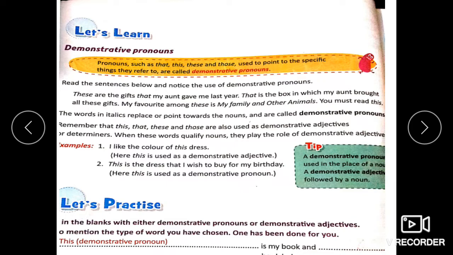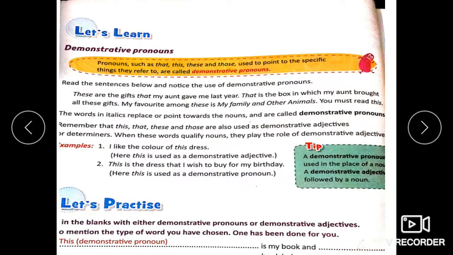In a demonstrative adjective, we find the noun placed right after the word of demonstration, but in a pronoun it appears a little later. We find the word of demonstration being used, a verb is used after that, maybe some determiner, and then we find the thing to which the pronoun refers.